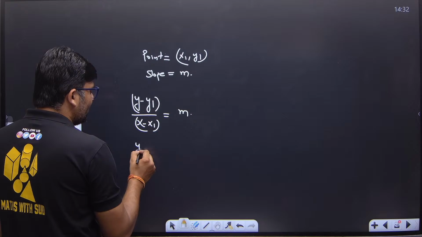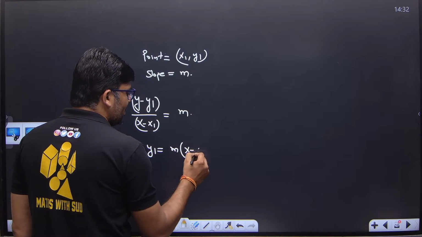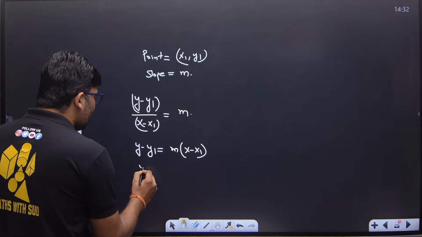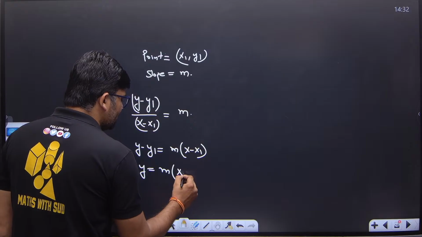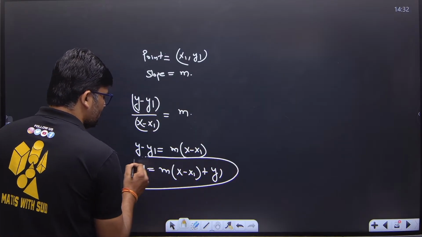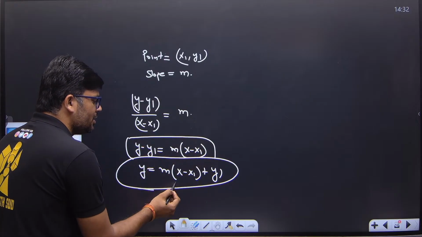So we can write it as y minus y1 is equal to m times x minus x1, and the better form for understanding it will be y is equal to m times x minus x1 plus y1. So either you can understand from this or from this.